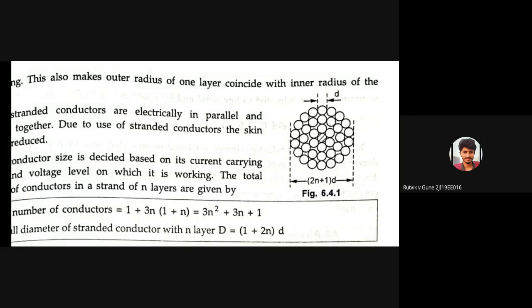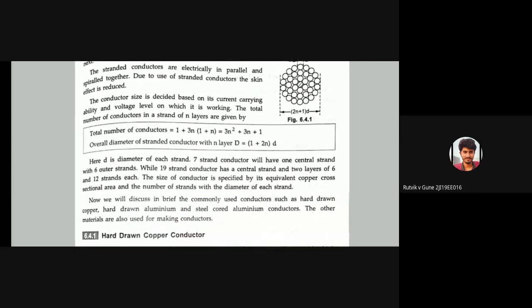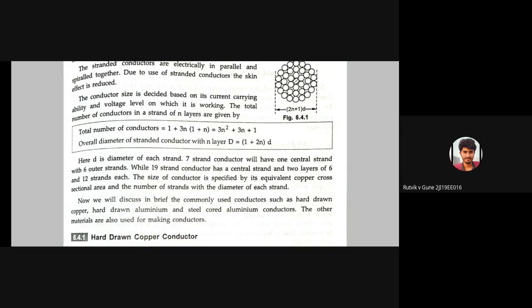Suppose you see a 7-strand conductor. It will have one central strand with 6 outer strands, while a 19-strand conductor has a central strand and 2 layers of 6 and 12 strands each. That is how it is forming.